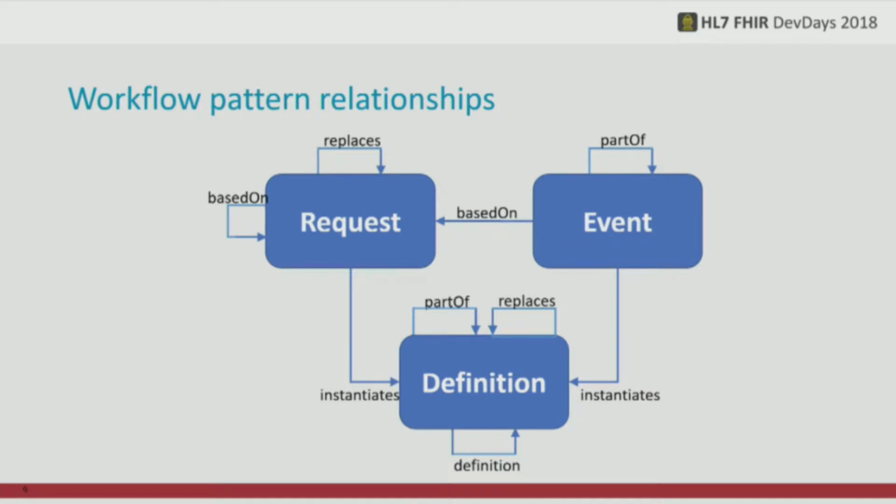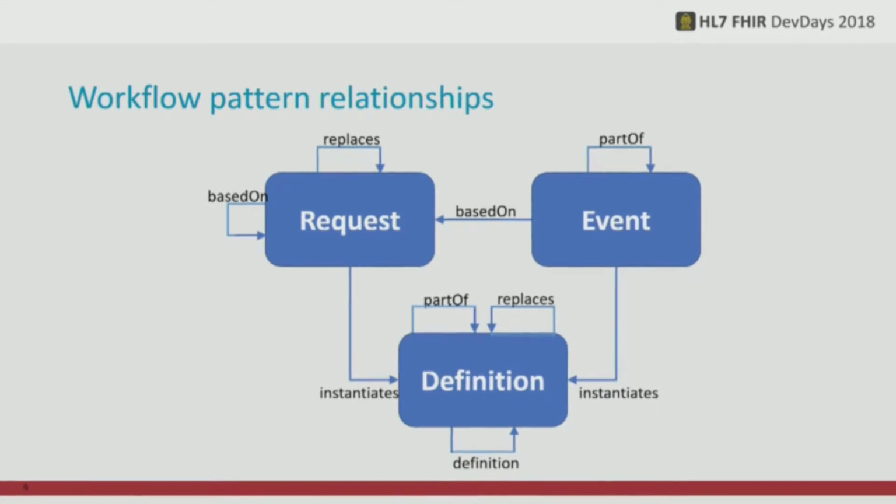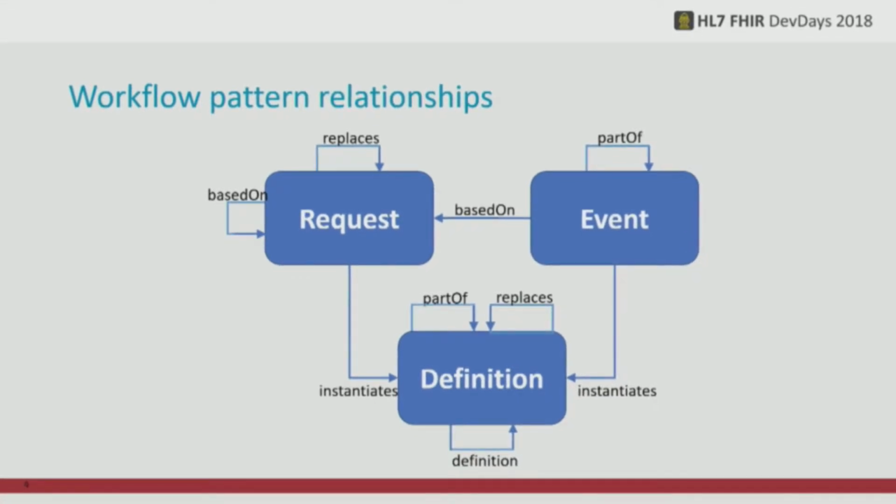The next stage in things is the request or the intent. And that's where our orders, our proposals, our plans, all of the things that we would like to happen that are typically tied to a particular patient or to a particular time span that we would like to have happen or that we think are going to happen, we have resources that deal with those.